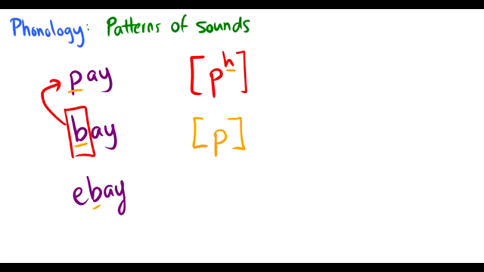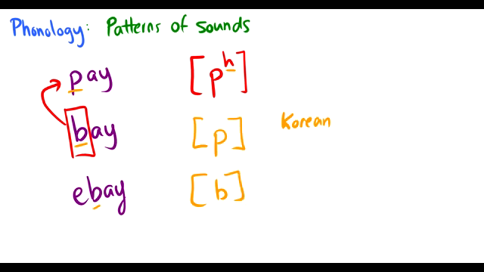So, for instance, B and P are pairs, where the only difference with a B is that you're vibrating your vocal cords, but we just don't aspirate it. So we hear it as a B, and we think we're making a B sound, but we're actually just making an unaspirated P.